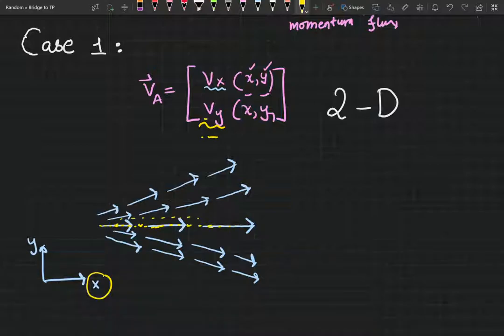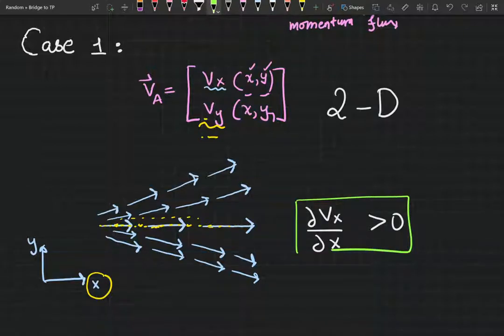So if the arrows are getting bigger in the x direction, that means the horizontal component is increasing as we move in the x direction. I hope this makes intuitive sense.